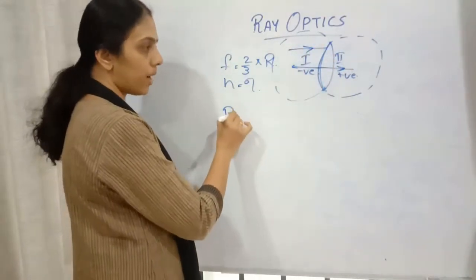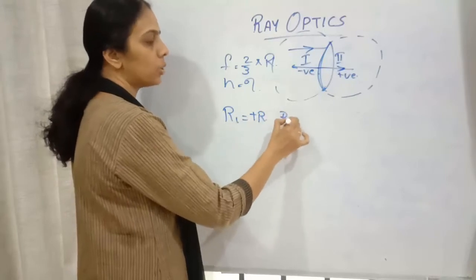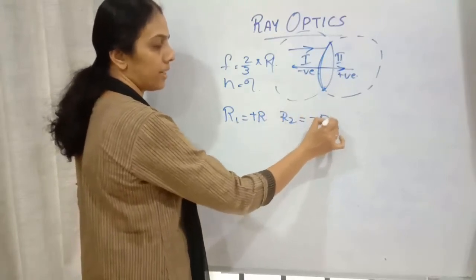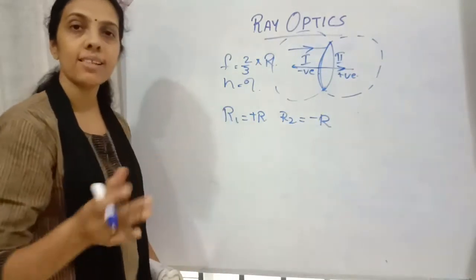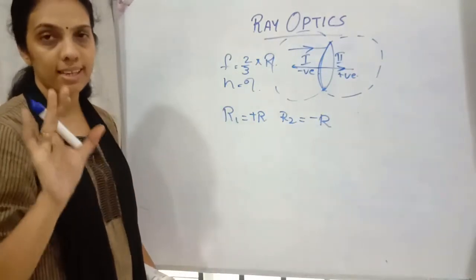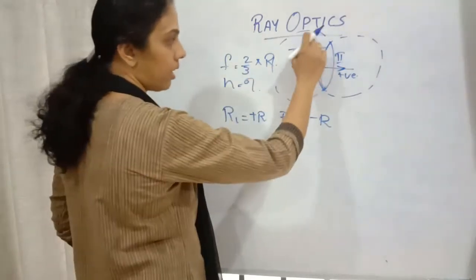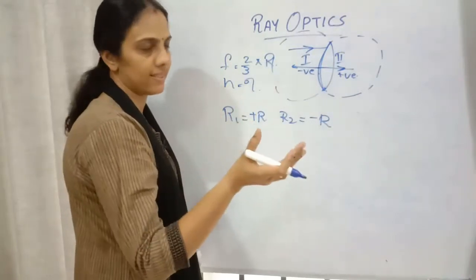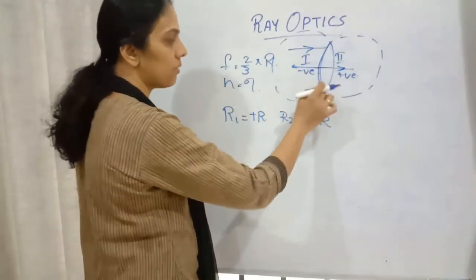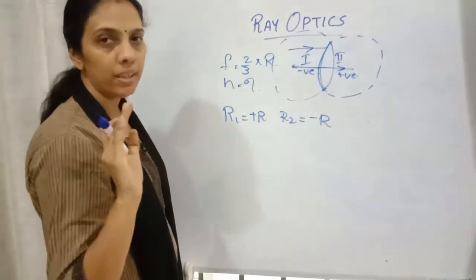So R1 we will consider as positive R and R2 we will consider as minus R. This is for biconvex lenses, and for equiconvex lenses the same way you should consider. The radius of curvature R is the same for biconvex lenses. So for the first surface it will be positive and the second surface it will be negative.